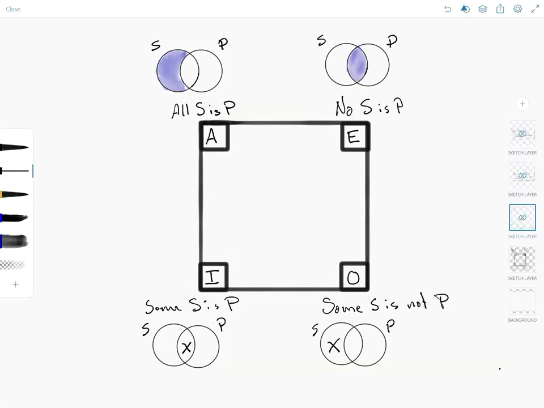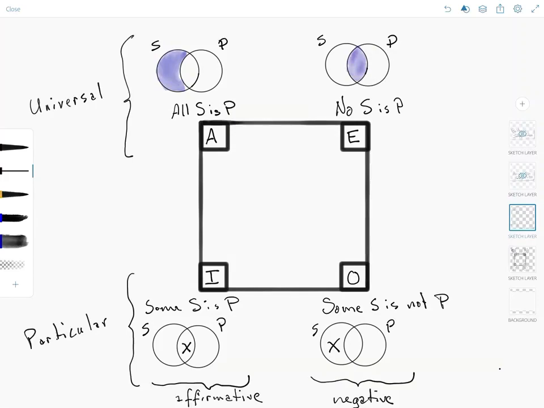Here we have the traditional square of opposition, and just to review, each corner represents two different characteristics. The quantity, either universal or particular, and the quality, either affirmative or negative.